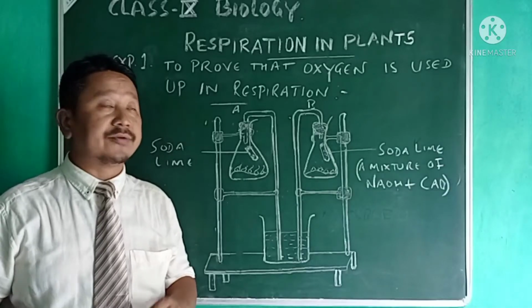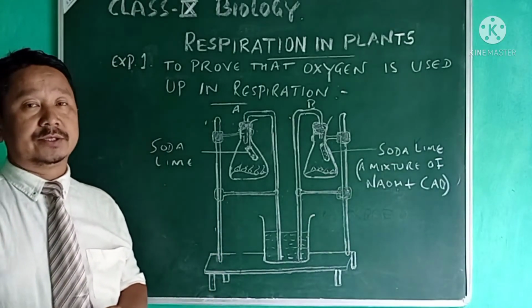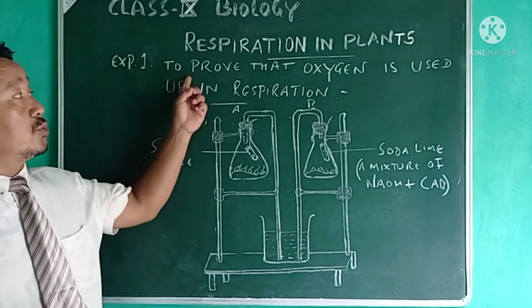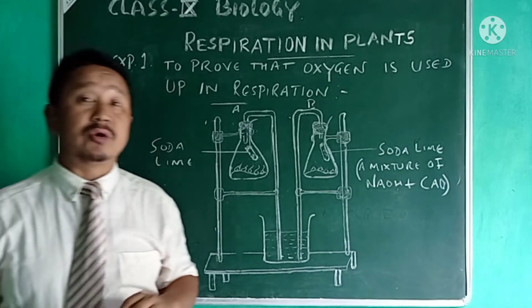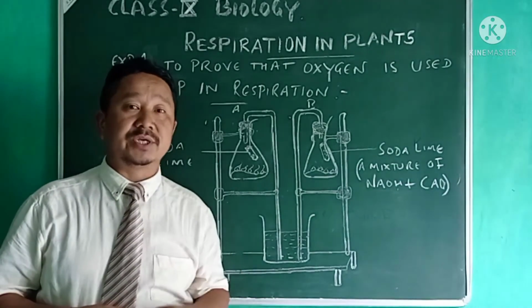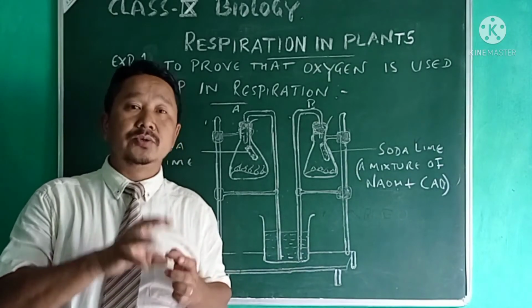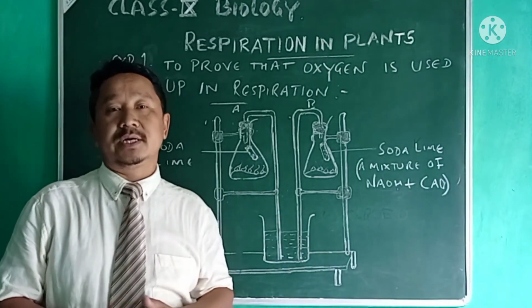Now we'll see the experiments on respiration. The first experiment is to prove that oxygen is used up in respiration. As you all know, for respiration oxygen is needed, that means oxygen is used up by living organisms for respiration.